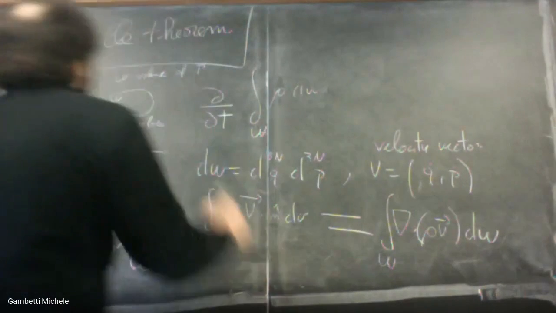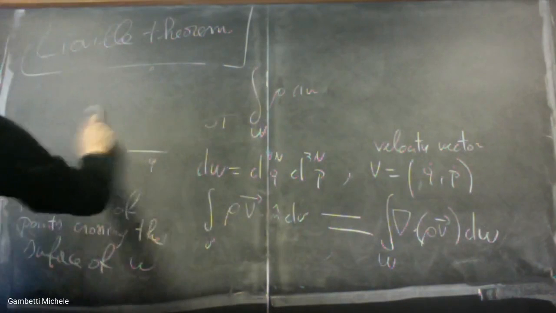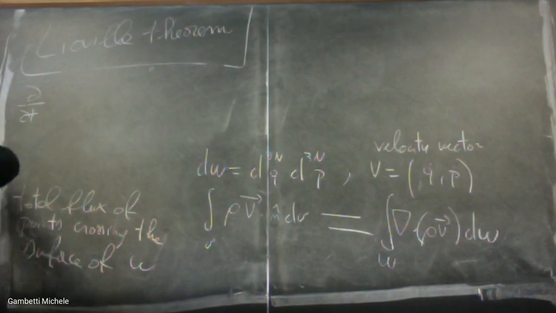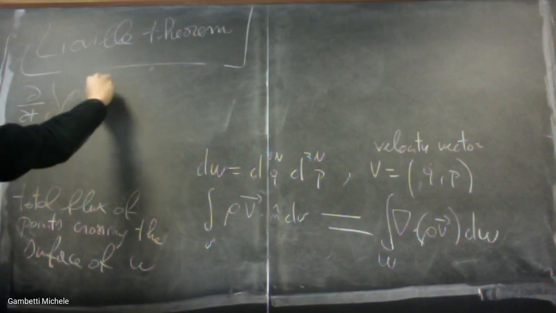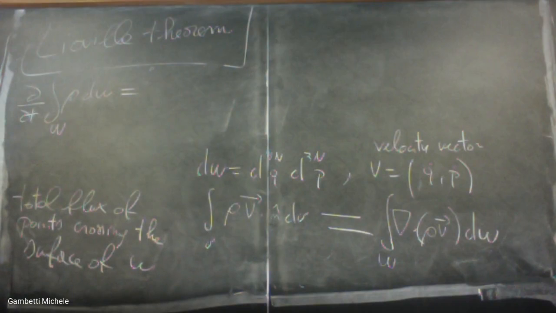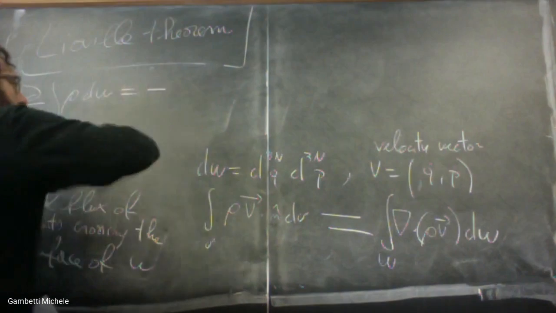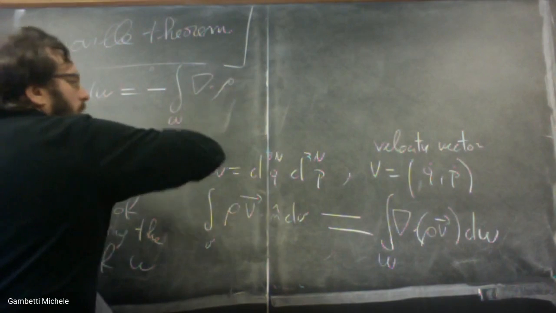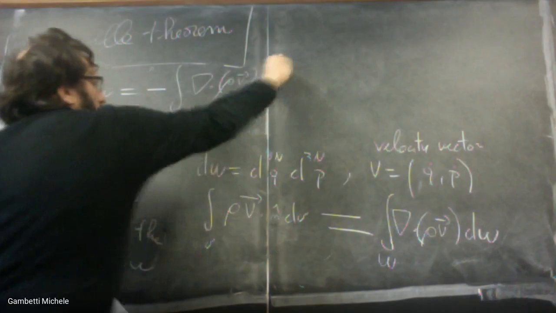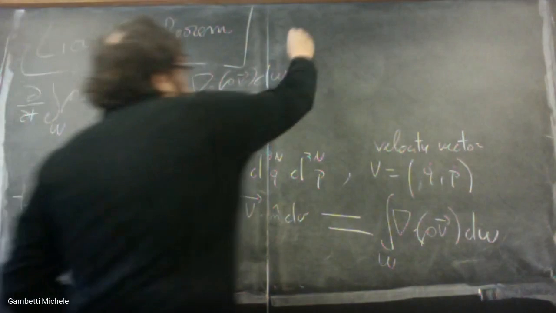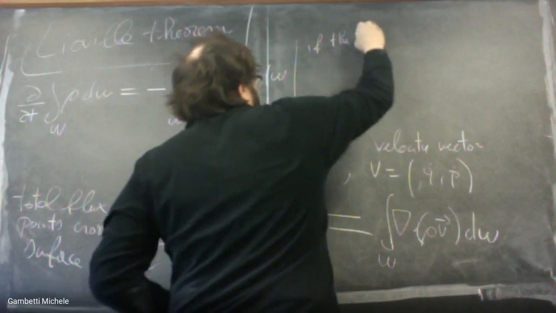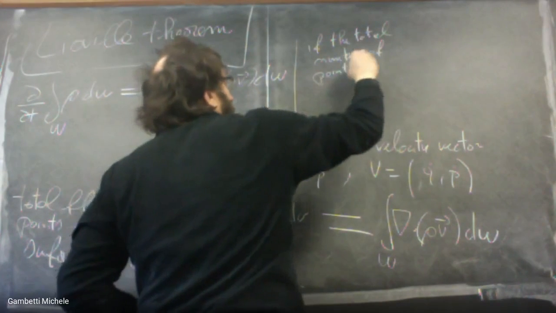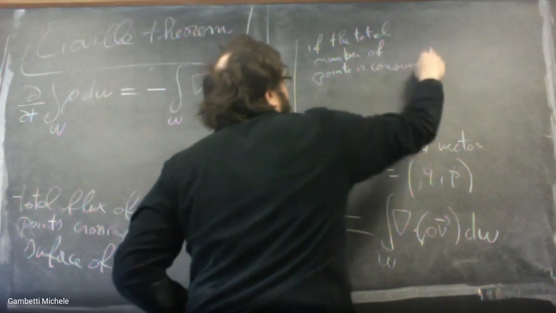Now, this is a typical thing of continuity or conservation. It's a conservation equation which provides a continuity equation, and basically it's telling me that the derivative with respect to time of the integral of rho d omega on omega must be equal to minus the total flux, which is the integral on omega of the divergence of rho v d omega, if the total number of points is conserved inside the volume omega.